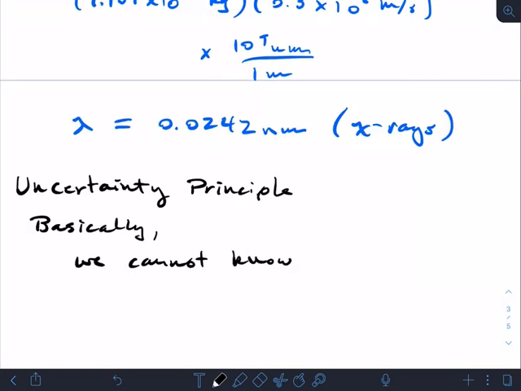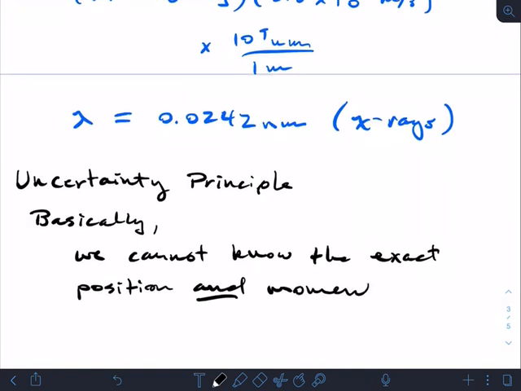We cannot know, and I think we talked about this in class a little bit, the exact position and momentum of an object at the same time.